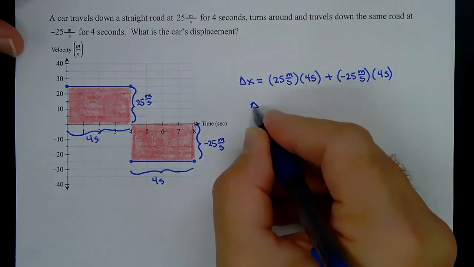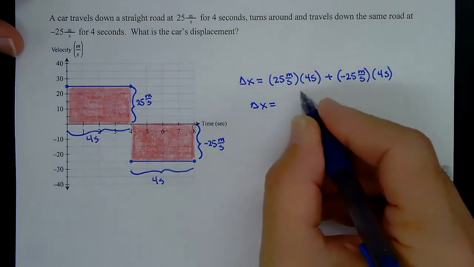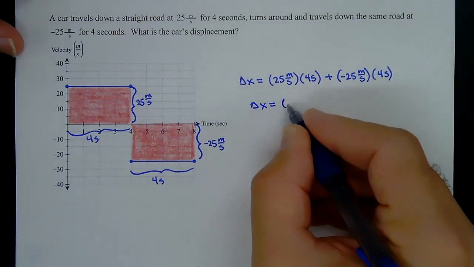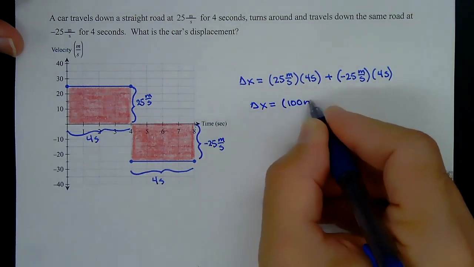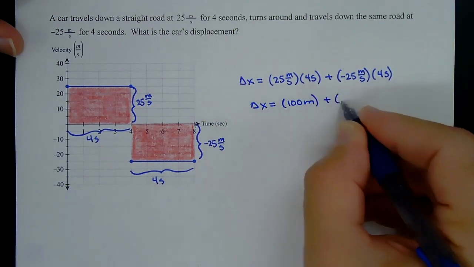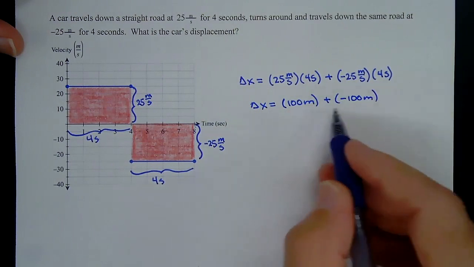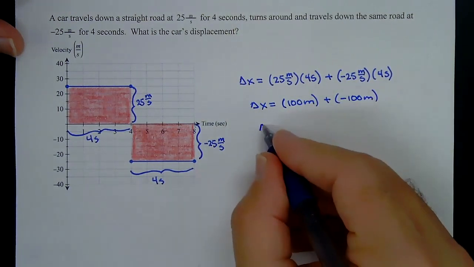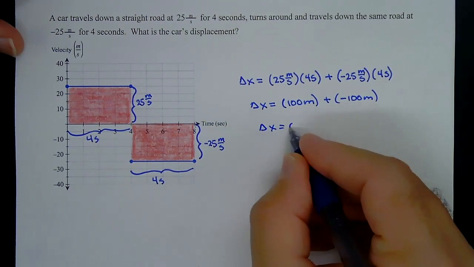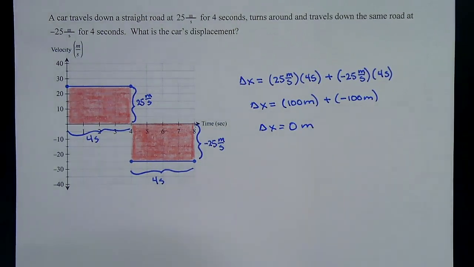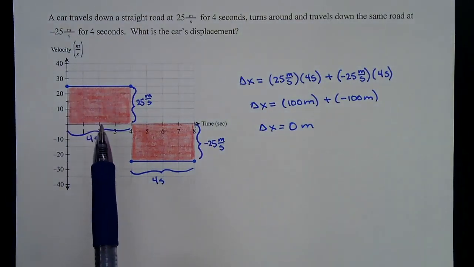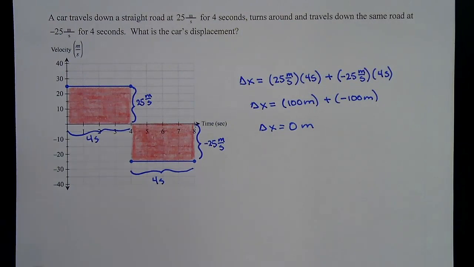My change in position would be 100 meters plus negative 100 meters. When I add those together, my displacement winds up being 0 meters, and that should make sense. We went an equal distance to the right and an equal distance to the left.